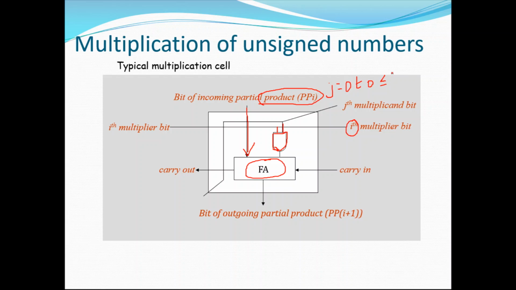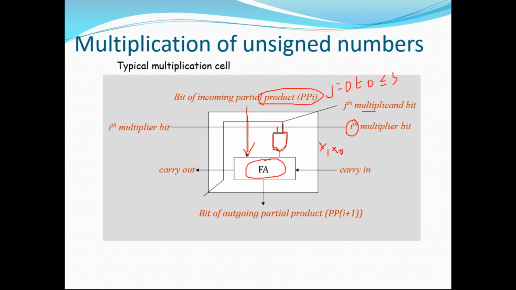So the 0th bit of the multiplicand will be ANDed with the ith multiplier bit. Let us assume the result is x0. Then the first bit of the multiplicand with the ith bit of the multiplier, perform AND, the result is x1.